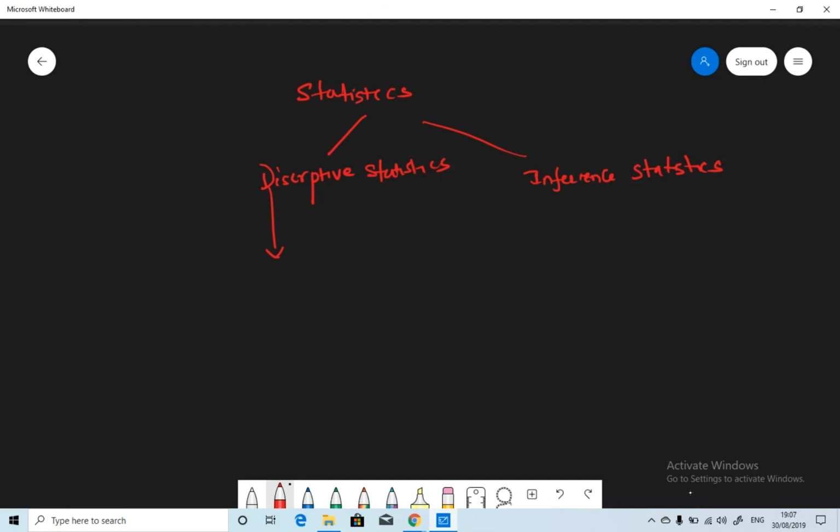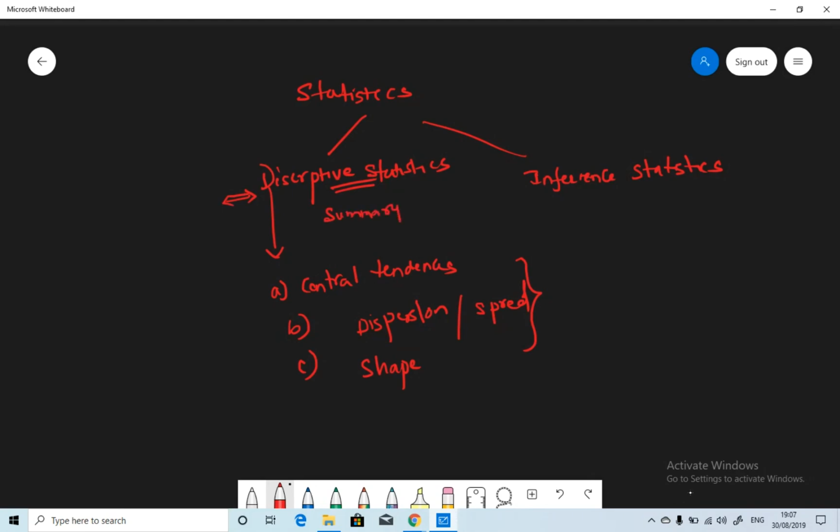Under descriptive statistics, one is called central tendencies, another one is called dispersion, or spread, and the third one is shape. This is what descriptive statistics is. Our descriptive statistics is nothing but summary statistics.